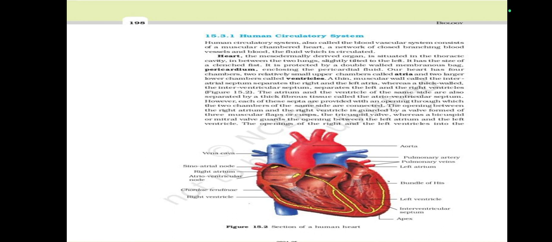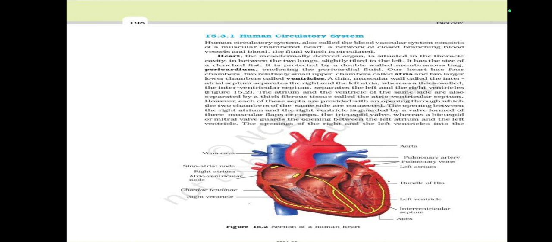It has the size of a clenched fist. It is protected by a double walled membranous bag, the pericardium, enclosing the pericardial fluid.